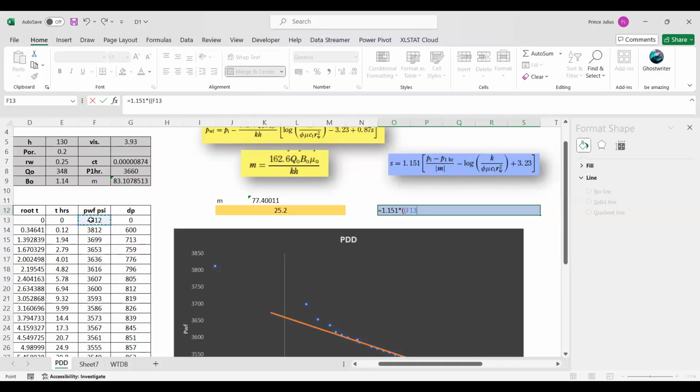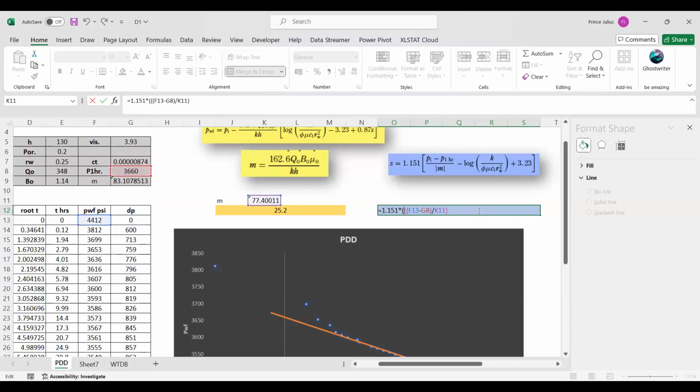Where the pressure drawdown time is zero, that pressure is considered to be the reservoir pressure, minus the pressure at 1 hour. Already that value is available, and the slope value is also available. Close the bracket. This bracket concludes the full equation, but we have more terms.